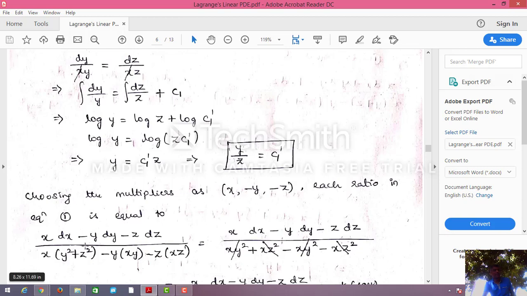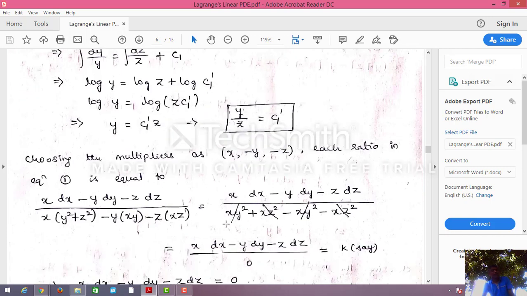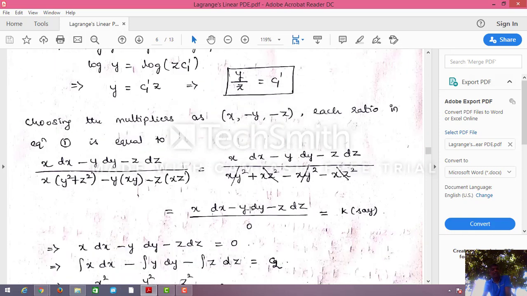So if you multiply, x into (y square plus z square) minus y into x y minus z into x z, which is x y square plus x z square minus x y square minus x z square. If you simplify, you will get x dx minus y dy minus z dz equal to 0.